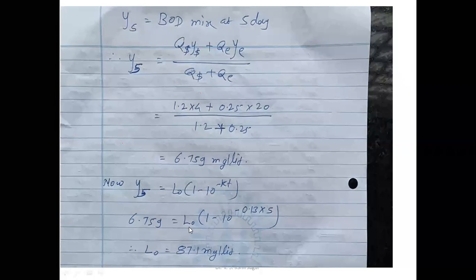So you can determine L naught with the help of this equation, that is Y5 is equal to L naught into bracket 1 minus 10 raised to minus KT. I hope you have copied this slide. If not, I will give you 1 minute.